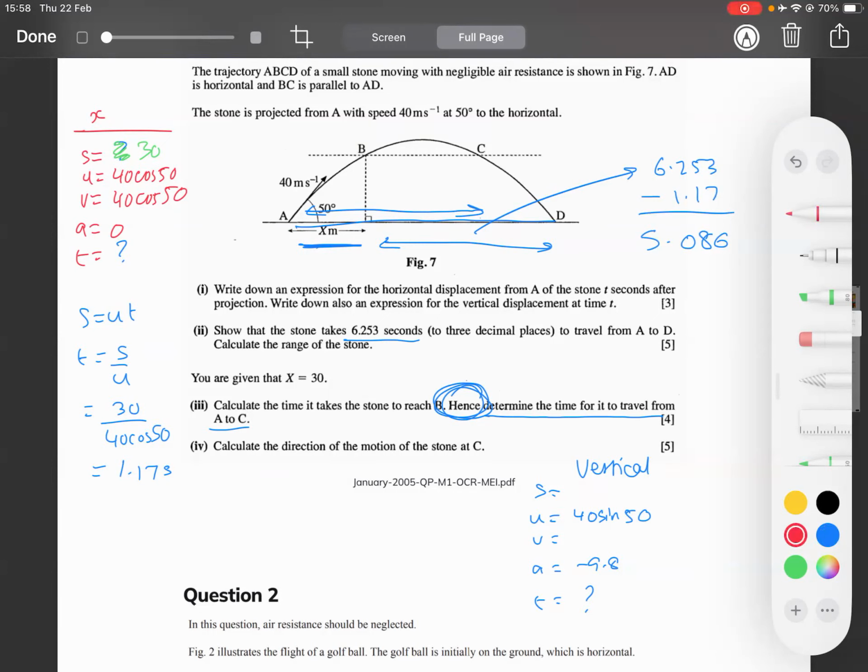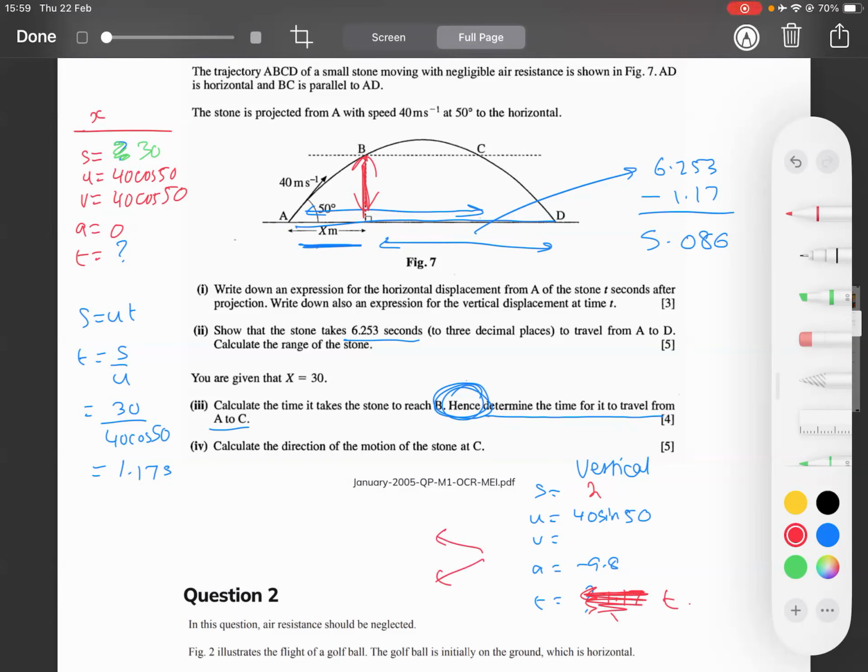What you have to do is plug in 1.17 as the time, and then get the vertical displacement of this. So you might get like 2 meters high, for example. Then cross this out and work out the time again, and you'll get 2 answers for T, but it will be for C this time.